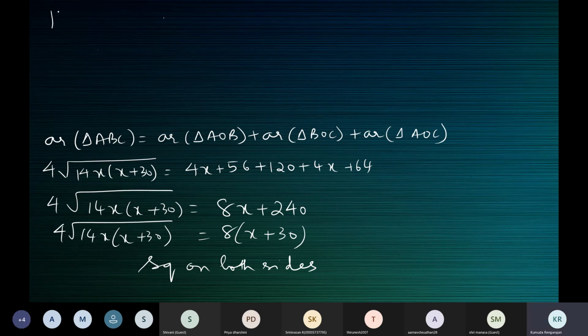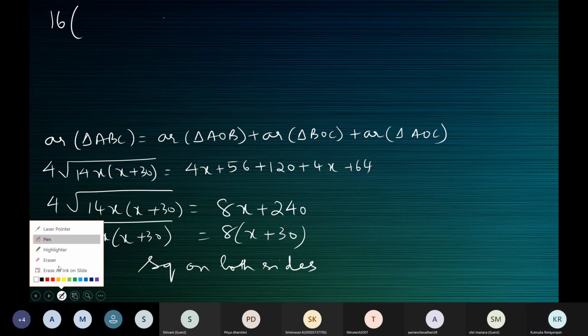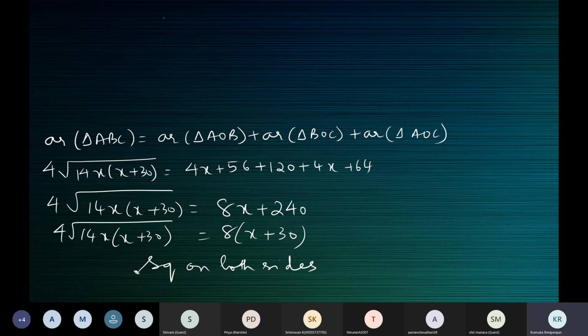So on squaring both the sides, we get 16 into 14x. One minute. Before we square, I could have simplified here.